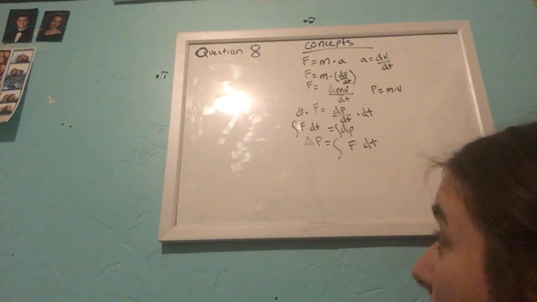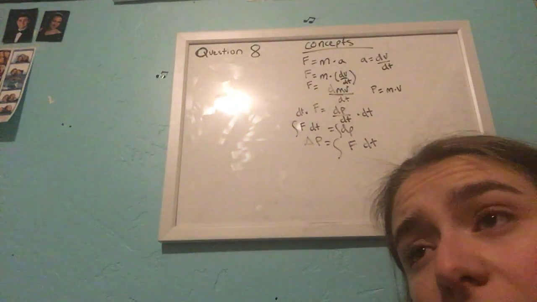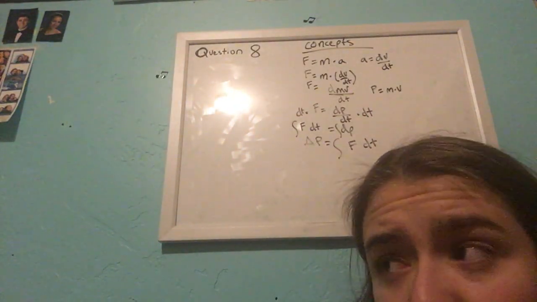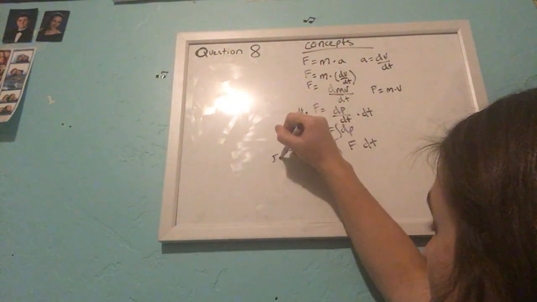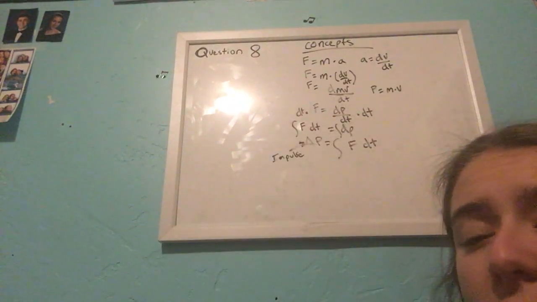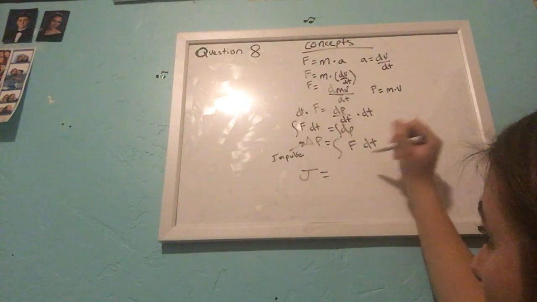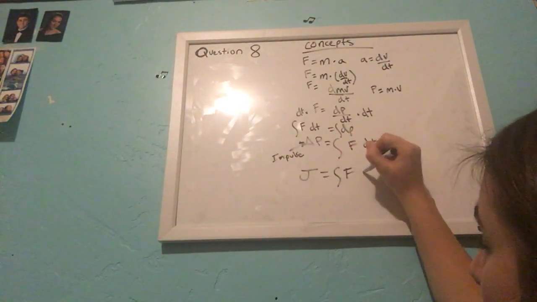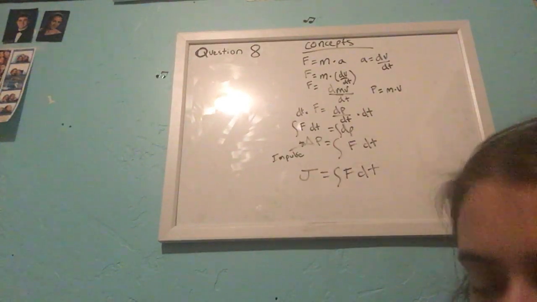And then if I do that, the change in momentum is equal to impulse. So I can write impulse. And impulse is expressed with a J. So I can say J is equal to the integral of force with respect to time.